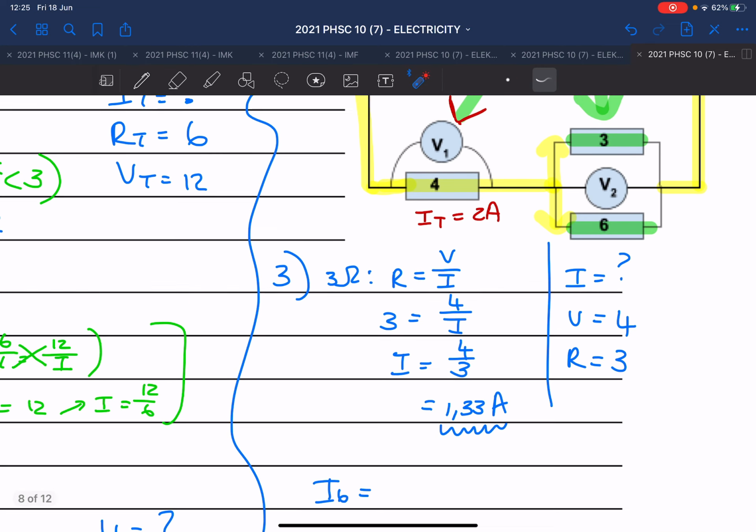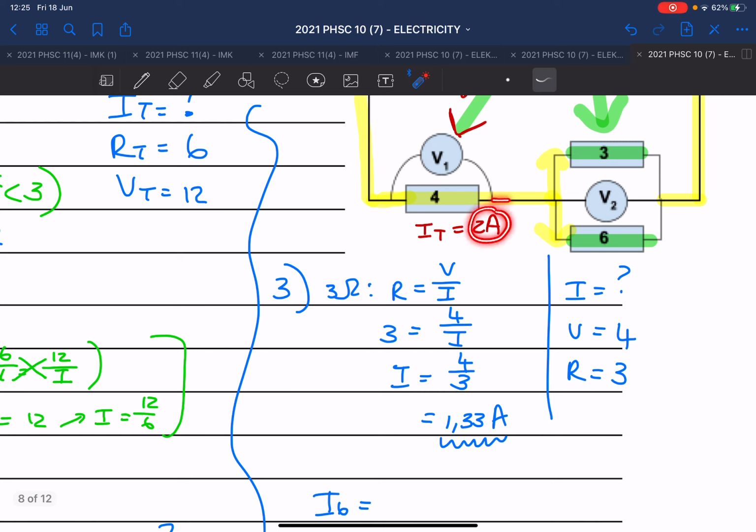Here you had 2 amperes coming through there. 1.3333 goes there. How much goes through there? 1.6. You don't listen to Bongani. If you want to eavesdrop, you must do it well.